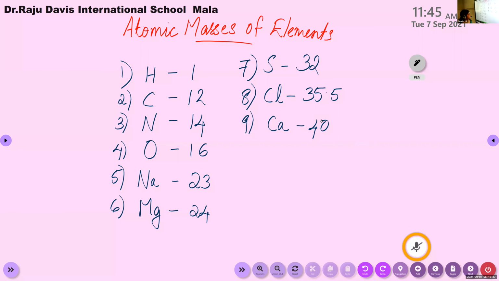C for? Carbon. Next one. Nitrogen is equal to 14. Then? Oxygen is equal to 16. Sodium is equal to 23. Magnesium is equal to 24.